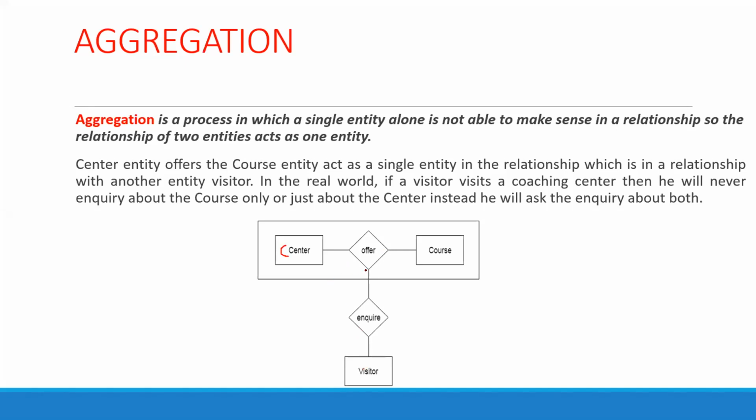Students inquire about courses and about the coaching center. When a student visits the coaching center, he will think about what courses and what offers they are offering. When you think about all these relations, then only it makes sense. But on the outside we will show it as a single entity in the ER diagram. So this is an example of aggregation.